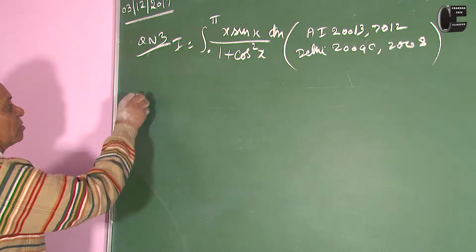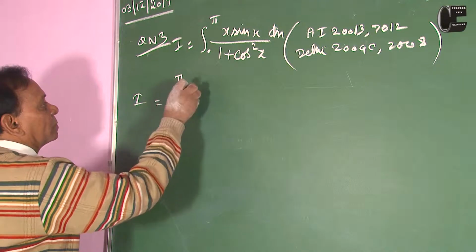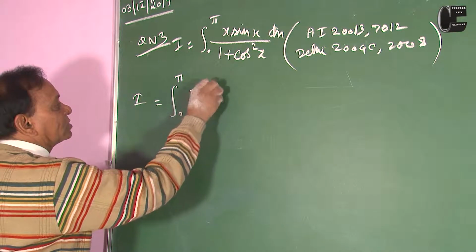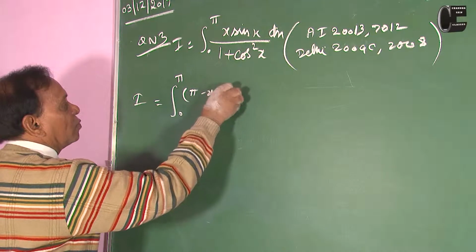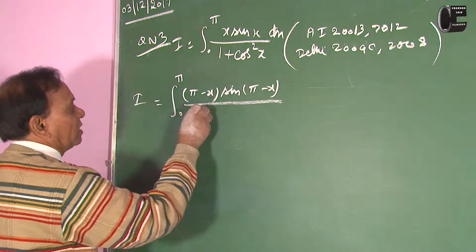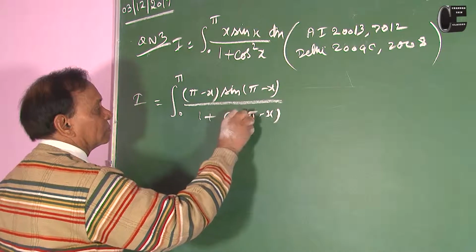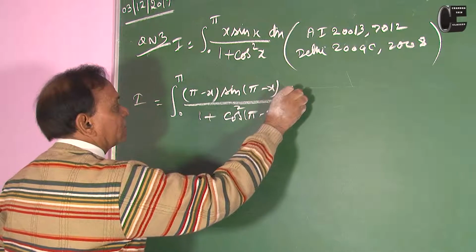I equals, applying the same property, integral from 0 to pi of pi minus x into sine of pi minus x, divided by 1 plus cos pi minus x whole square, dx.